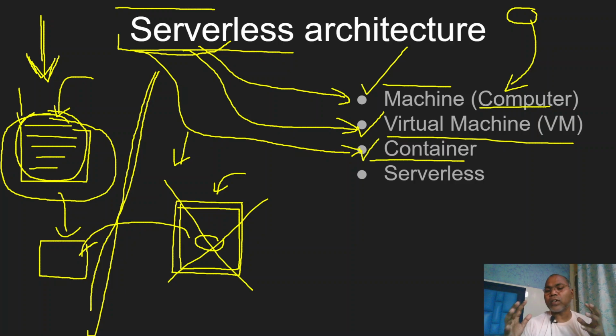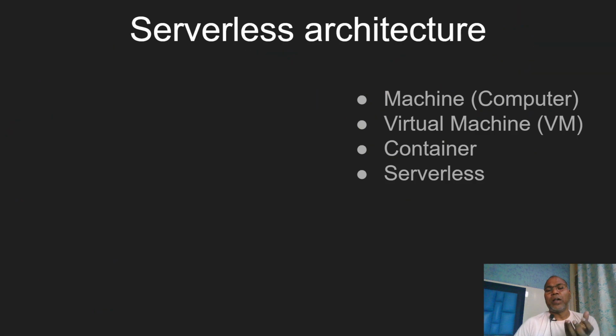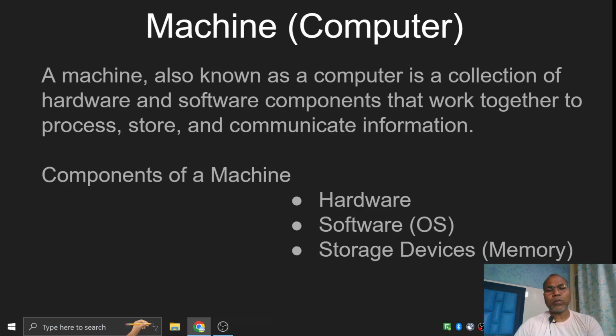Let's understand these three, and after that we move to serverless architecture. At least you need two things: your software components, and the hardware, the machine where your code runs. So many times while designing software, we talk about the machine.